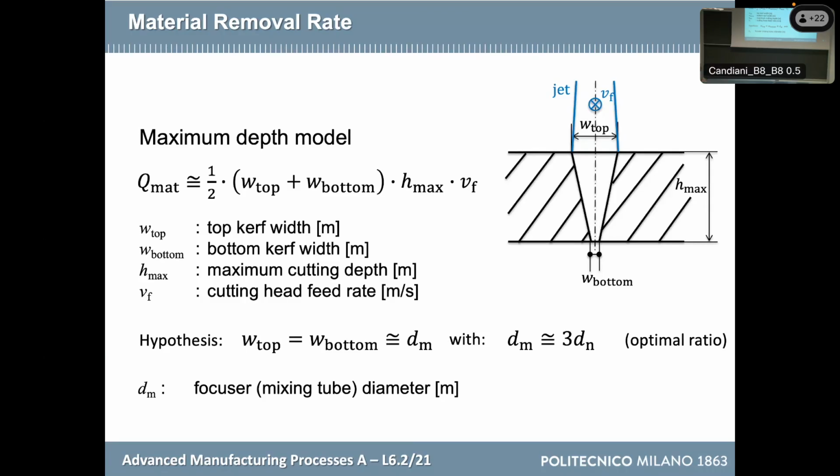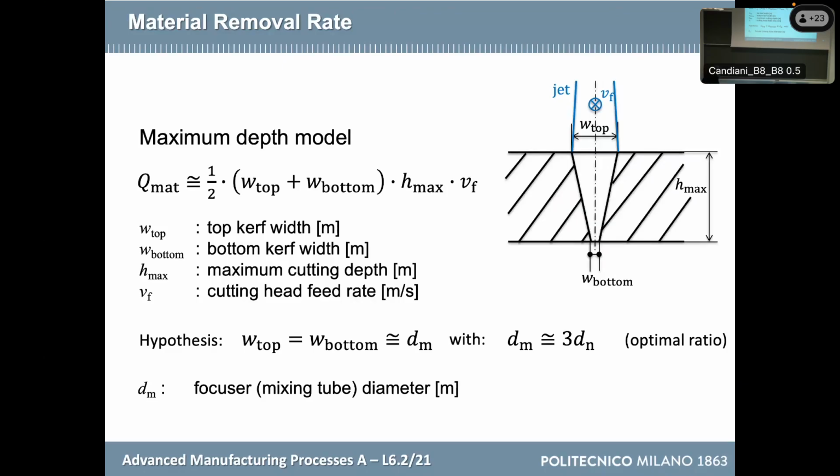If we do some experiments, we understand that the maximum performance in terms of cutting depth is achieved when the diameter of the focuser is 3 times on average the diameter of the orifice. In other words, it is like the focusing tube has to give room to air and abrasive to enter into the jet. So for sure it has to be larger than the orifice in order not to clog. So these are the assumptions.